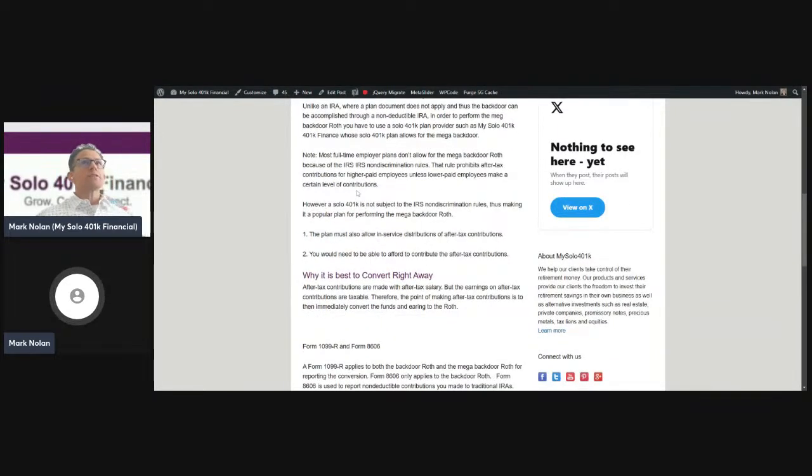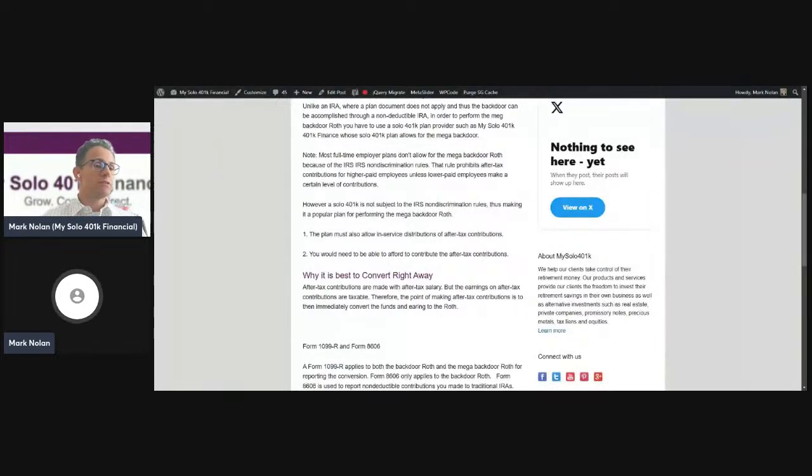Now, most full-time employer plans don't allow for the mega backdoor Roth because the IRS non-discrimination rules apply. That rule prohibits after-tax contributions for higher paid employees unless lower paid employees make a certain level of contributions.